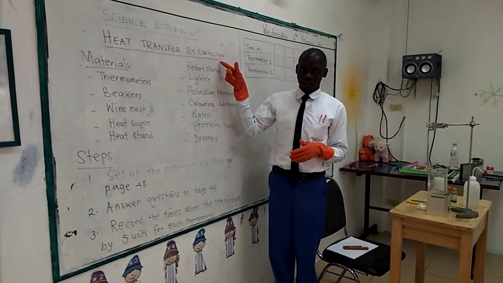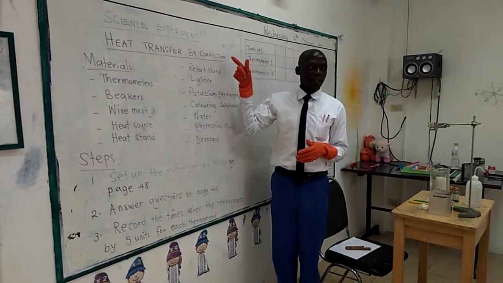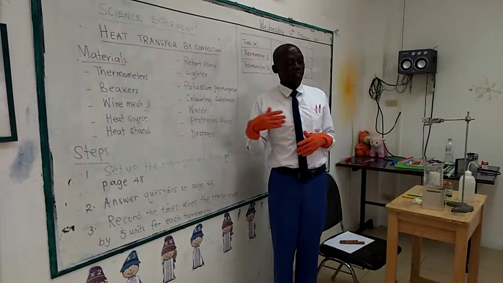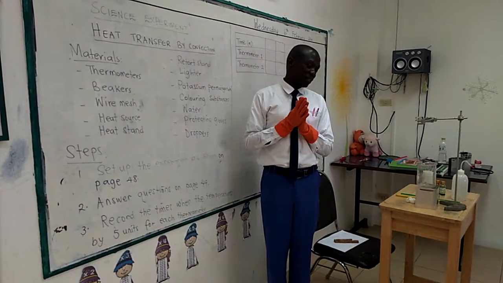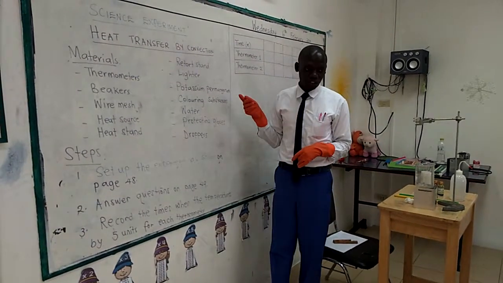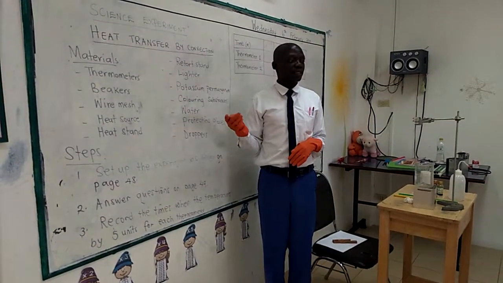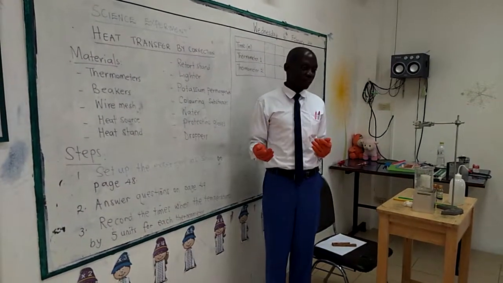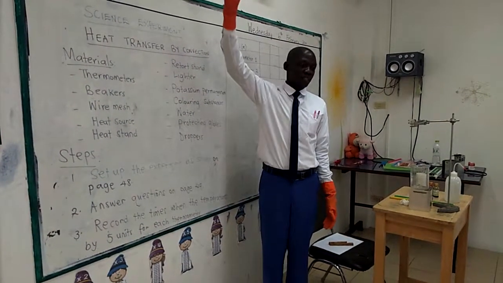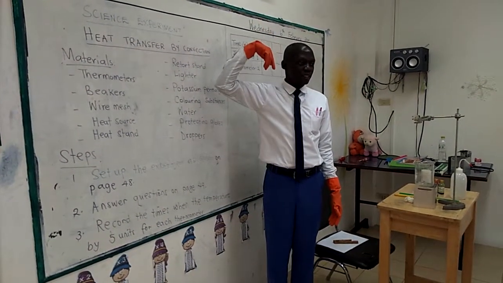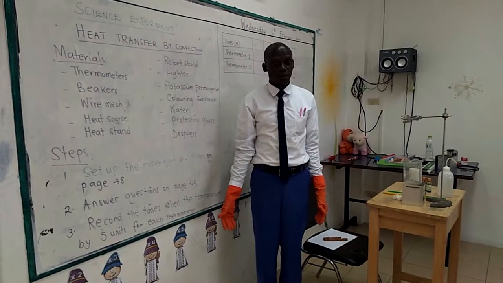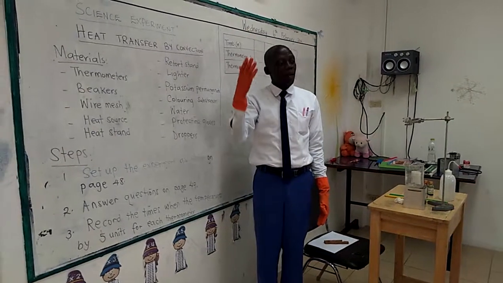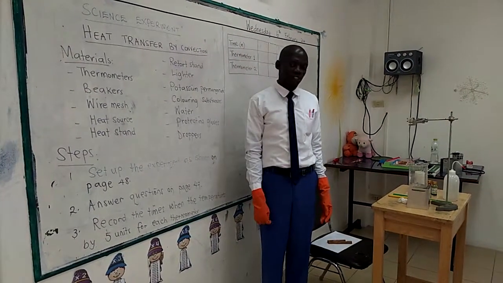Convection is in liquids: heat moving from high temperature to low temperature when the medium is a liquid. Then heat transfer by radiation takes place in gases or in air. For example, the heat from the sun reaches us and other substances or objects by means of radiation or rays.